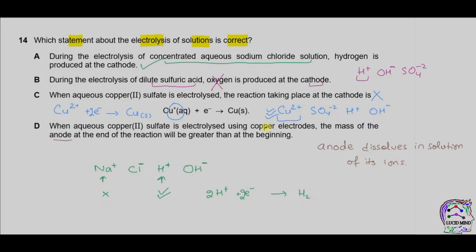So as we have copper electrodes and copper electrode will be dissolved in copper 2 sulfate, so therefore the mass of anode will decrease. So this one is wrong. Among these four, correct option is A.